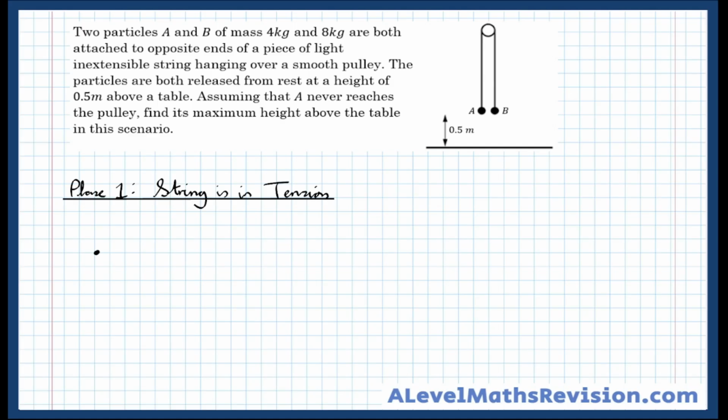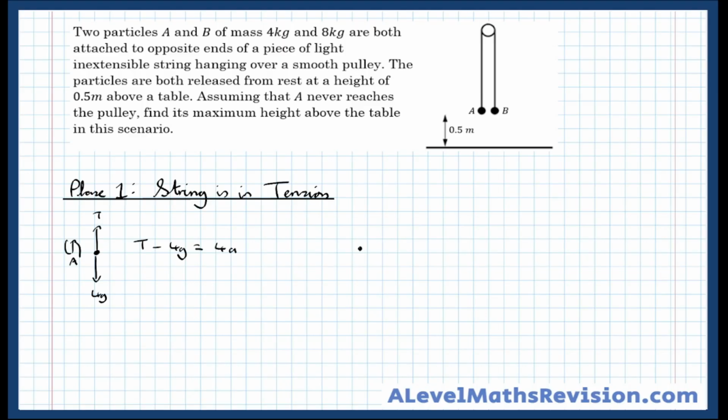So let's do the equations of motion for each of the particles. So particle A, which is moving upwards, it's got its weight, which is 4 kilograms, 4g, and the tension pulling it up. So its equation of motion, with the positive direction being up, is T minus 4g equals mass times acceleration equals 4a.